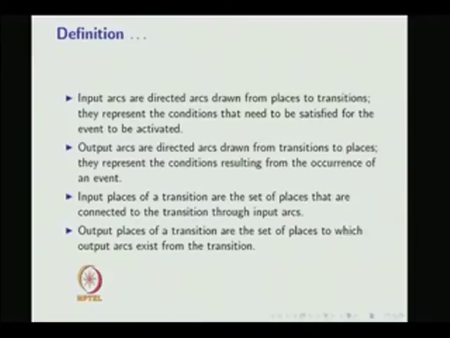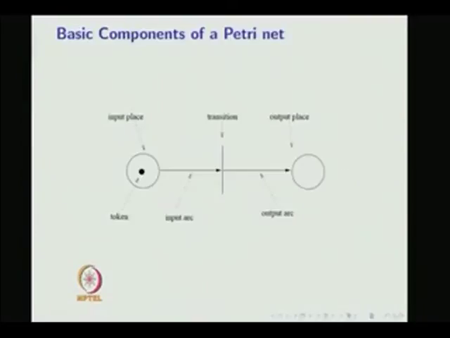They represent the conditions resulting from the occurrence of an event. In the previous diagram, this is the input arc because it connects place to the transition, and this is the output arc because it connects transition to place.